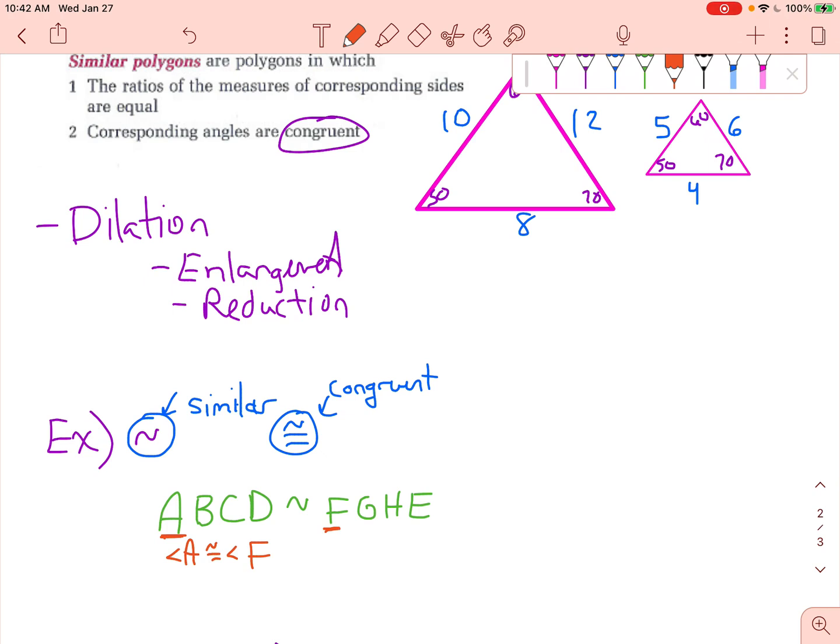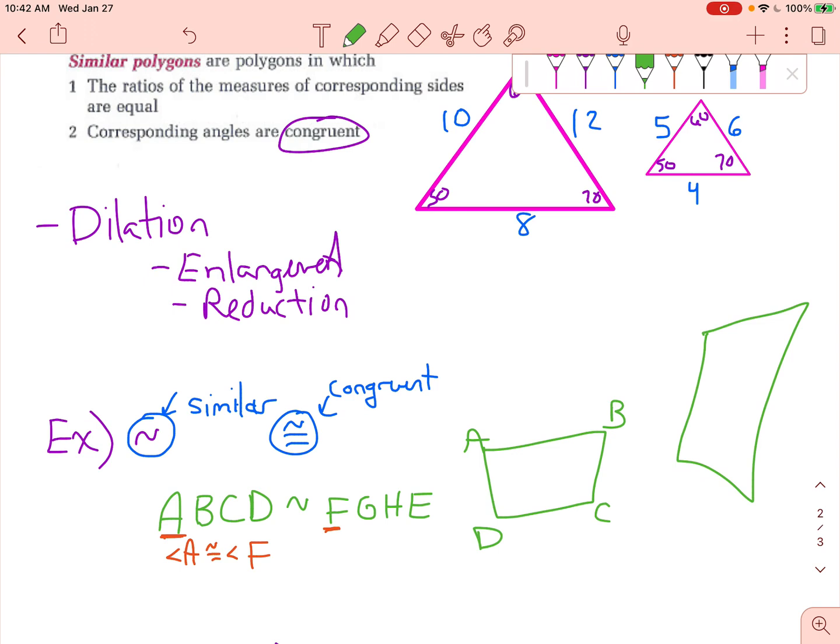So if this was accompanied by a picture, let's say it's ABCD, and the other picture is somewhere over here, and it says FGHE. What this tells you, this right here, called the similarity statement, is which angles are congruent.